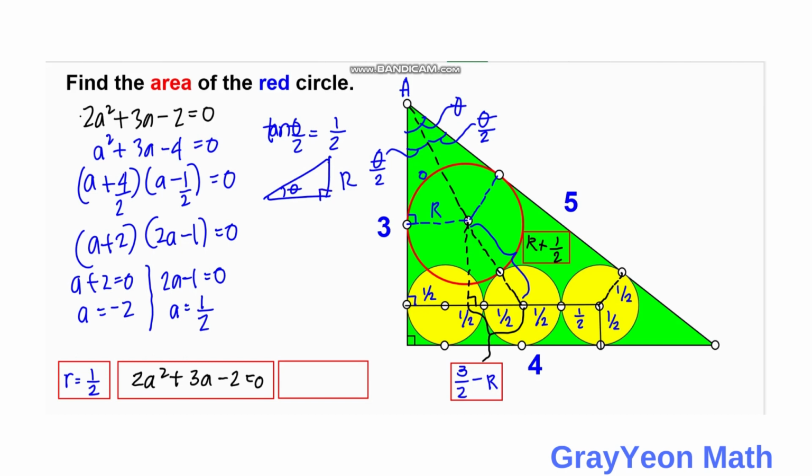For this to be 1/2 is equal to r over x. If we cross multiply, we have x is equal to 2r. So this length should be 2r.